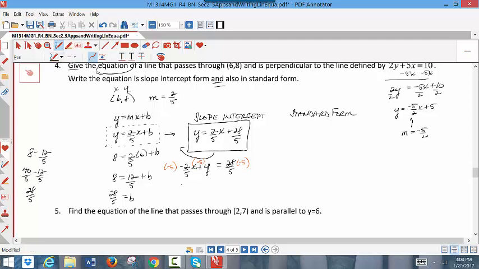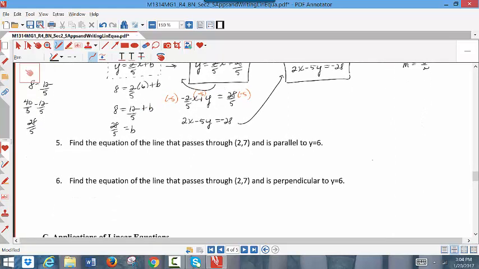So when you do this, you'll have positive 10/5 x, which is 2x, minus 5y equaling -28. This is the standard form of the equation. 2x minus 5y equals -28. X's, then y's, then equal, then the number.